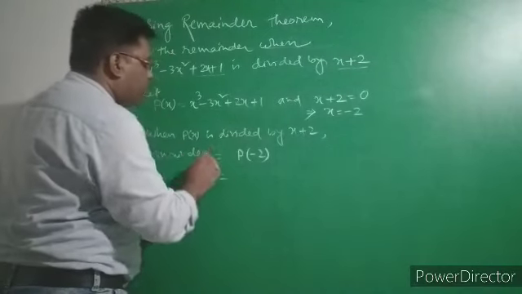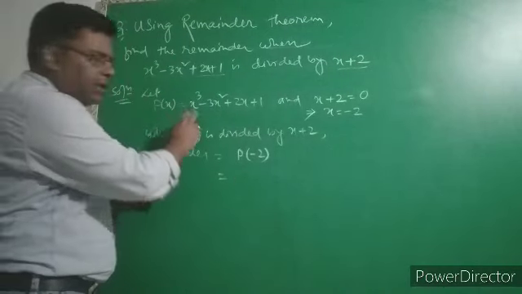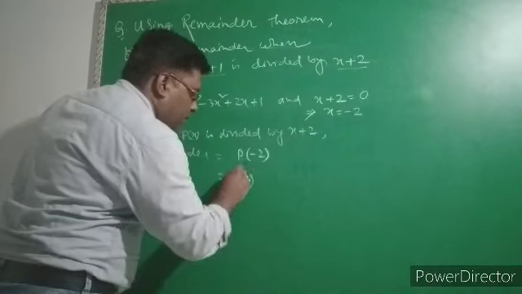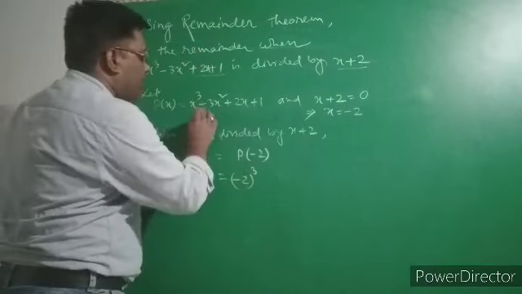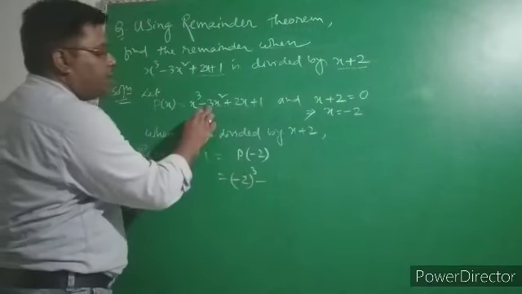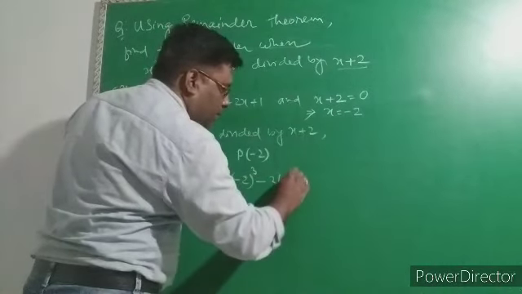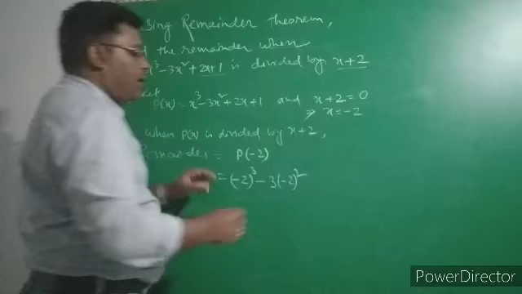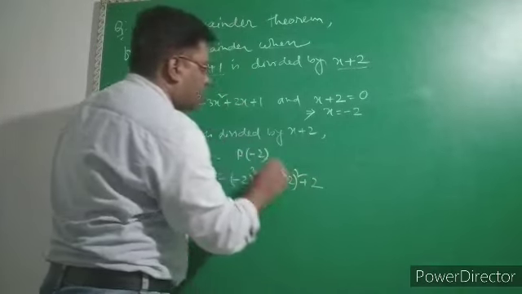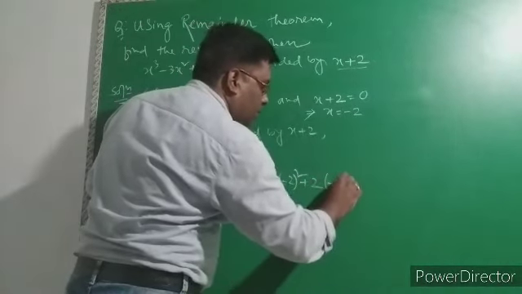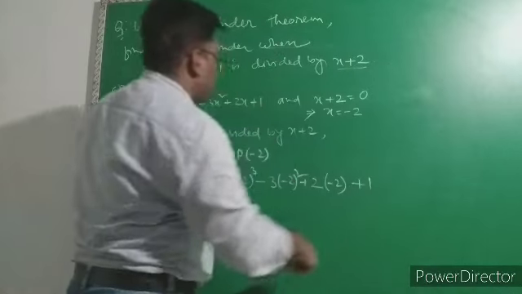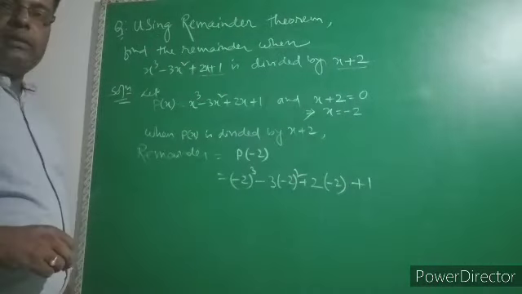That is equal to x cube, that is minus 2 cube, minus 3 of x square, 3 of x means minus 2 square, plus twice x, twice of minus 2, plus 1.